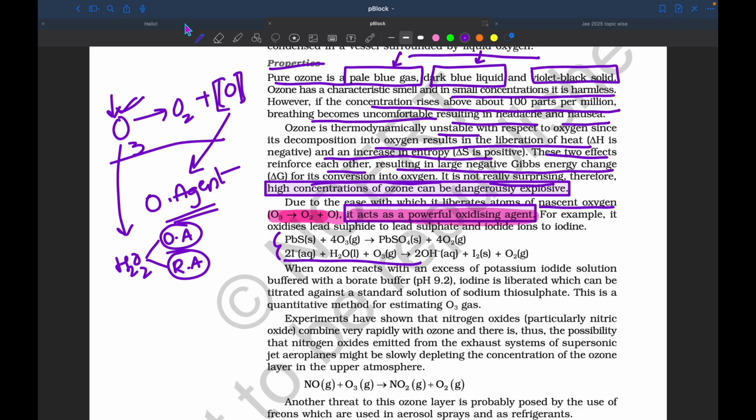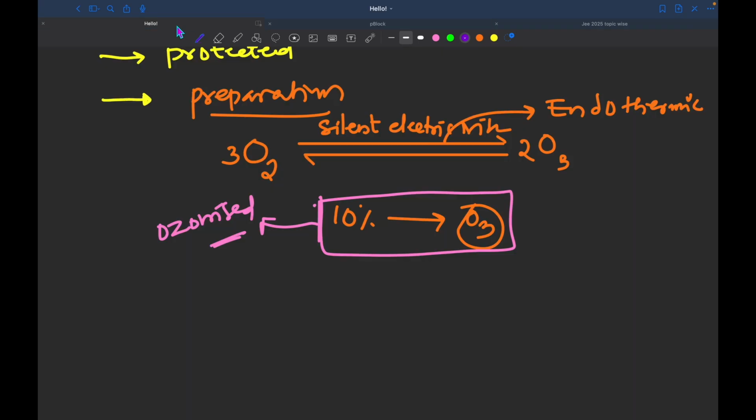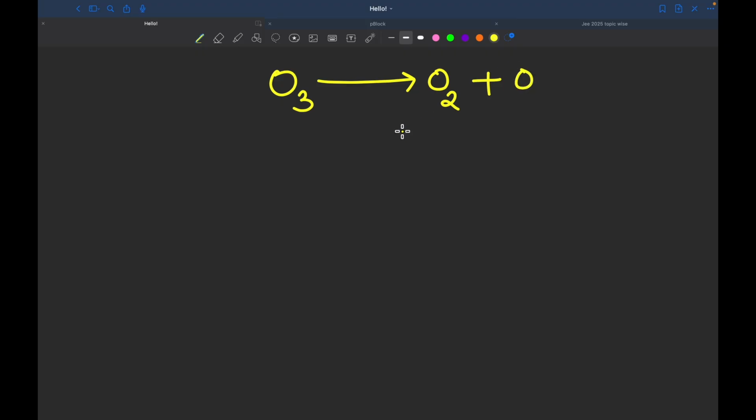Okay, sir. Okay, so we'll see the reactions of it. The first reaction, ozone, you see this ozone converts itself into O2 and forms a nascent oxygen. This nascent oxygen is newly born nascent oxygen.